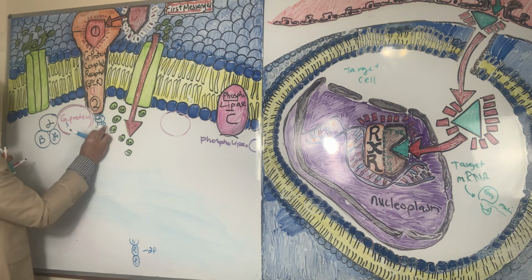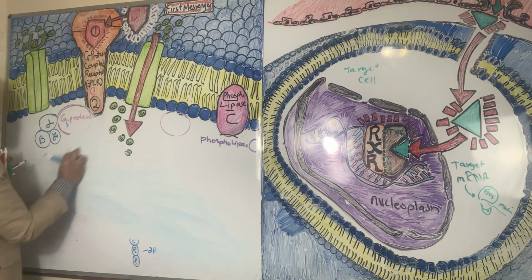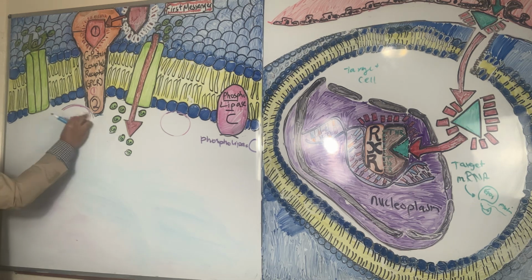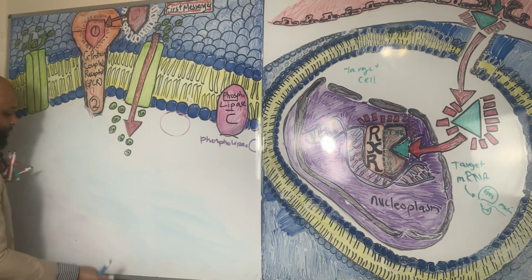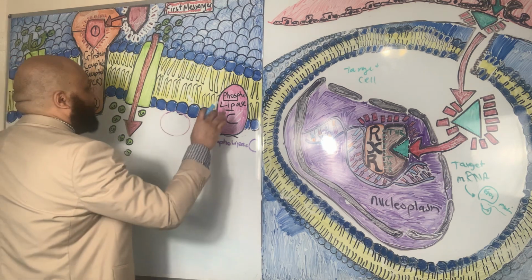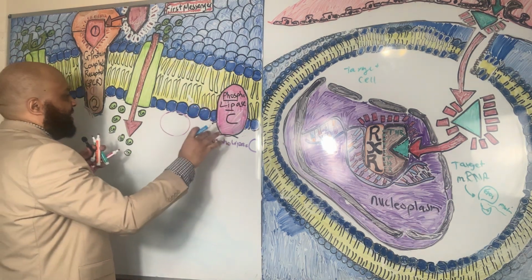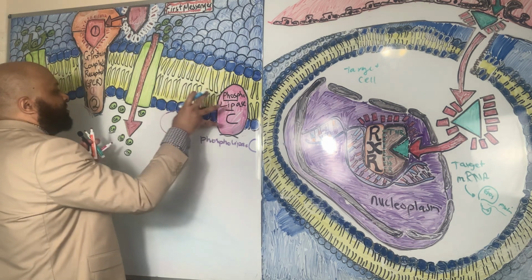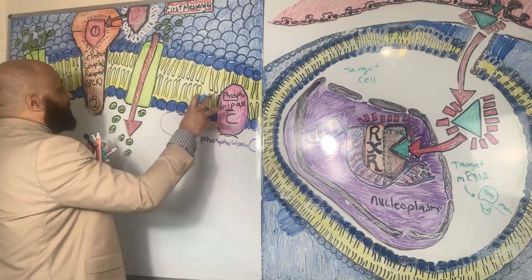Now, let us look at the G protein system that is associated with phospholipase. Phospholipase is an enzyme, phospholipase C. Phospholipase C is a very important enzyme that is attached to the cell membrane.